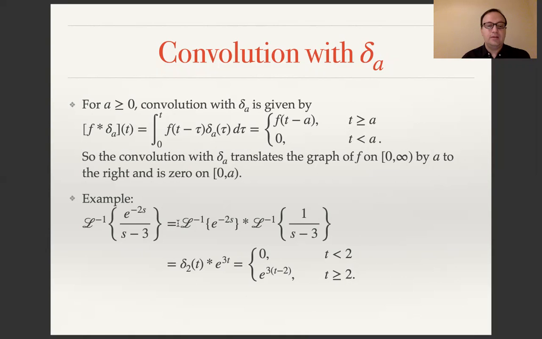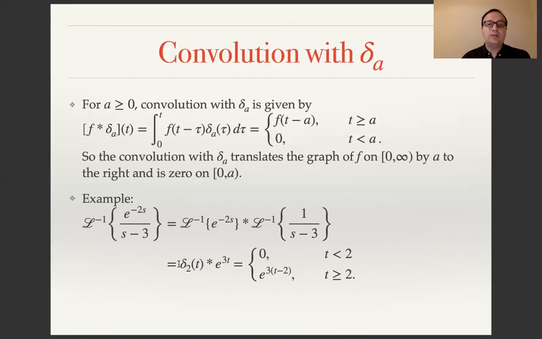So this is the inverse Laplace transform of e to the minus 2s, convolution with the inverse Laplace transform of 1 over s minus 3. And the inverse Laplace transform of 1 over s minus 3 is e to the 3t. And in the previous course, we also computed the inverse Laplace transform of e to the minus 2s, and we got delta_2 of t. So this is because the Laplace transform of delta_2 of t is e to the minus 2s.